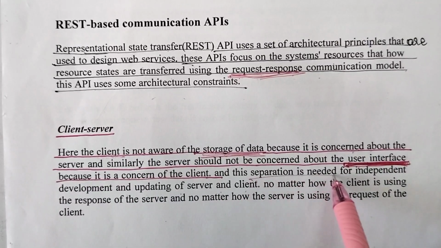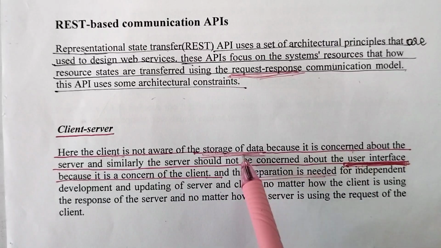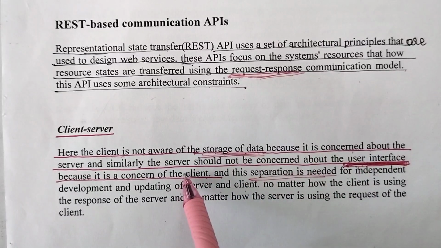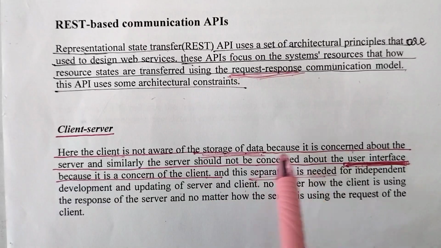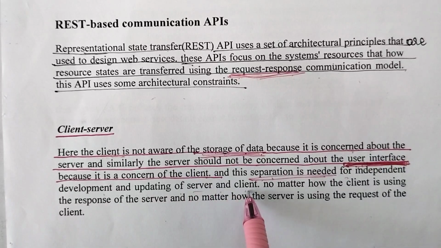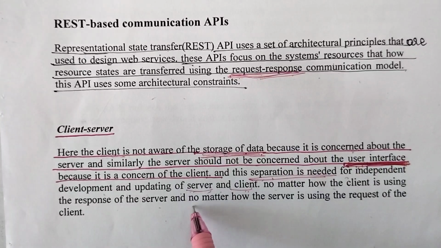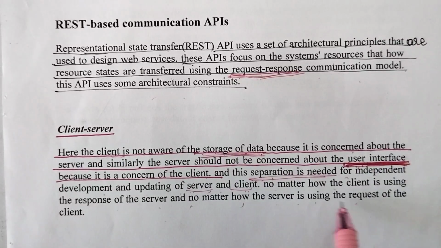So basically this separation is provided wherein the client is just concerned about the user interface and not the storage of data, and the server is just concerned about the storage of data and not the user interface. This is important for independent development and updating of server and client. Whenever there needs to be some update in the server and client, that can be done independently because of this separation, no matter how the client is using the response of the server and no matter how the server is using the request of the client.